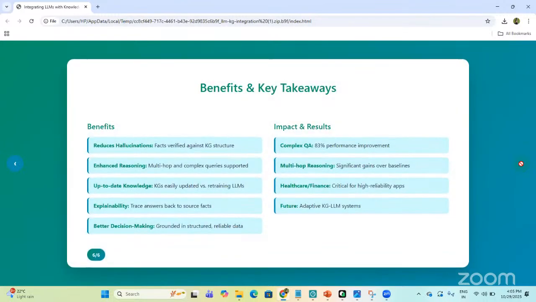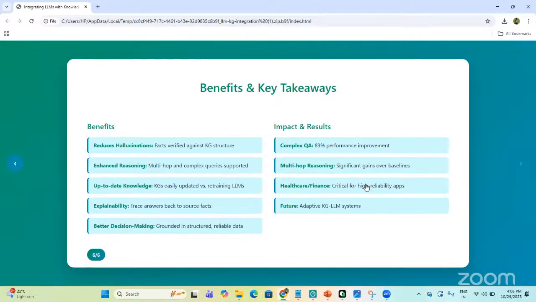Now let's see the benefits and key takeaways of integrating LLMs with knowledge graphs. By integrating LLMs with knowledge graphs, we get some major benefits. Responses become more accurate, hallucinations reduce, and complex multi-hop reasoning improves. Because knowledge graphs can be updated without retraining, they provide more current information. The answers can be traced back to source facts, improving explainability, which is very critical in domains like healthcare and finance.